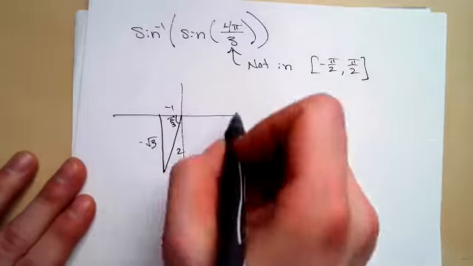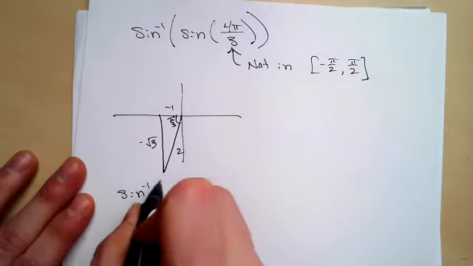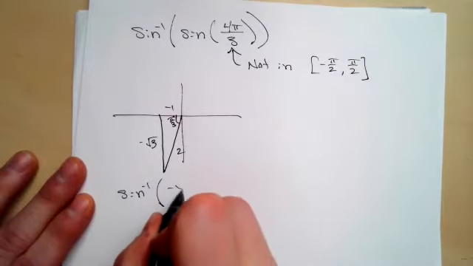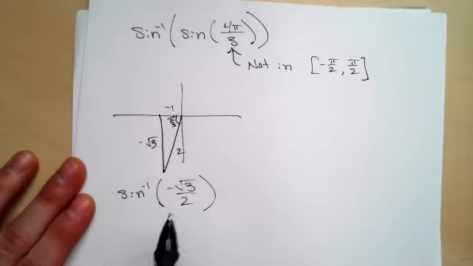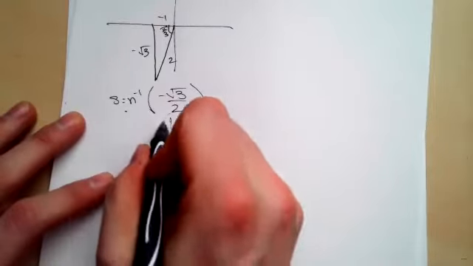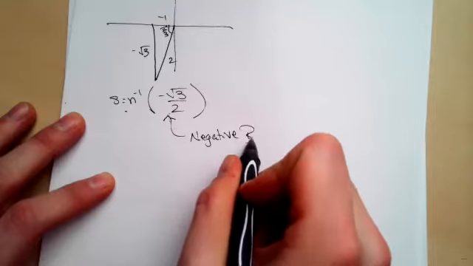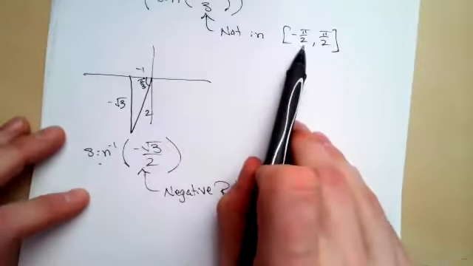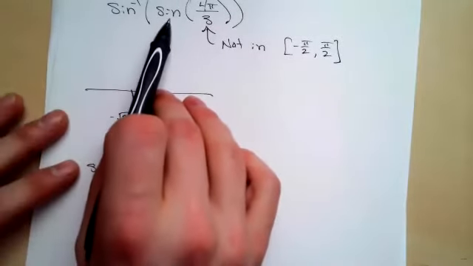And so now when we simplify this, we're going to have arc sine of, okay, sine of 4 pi over 3 is going to be minus square root of 3 over 2. But what happens when we evaluate arc sine of this? You have a negative ratio. And this needed to be the domain of our sine.